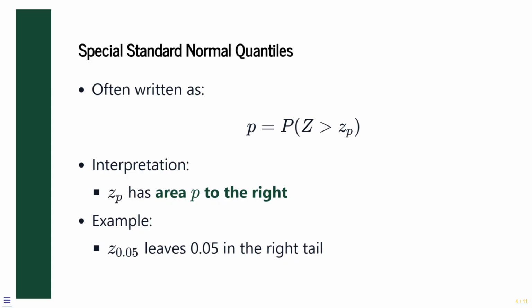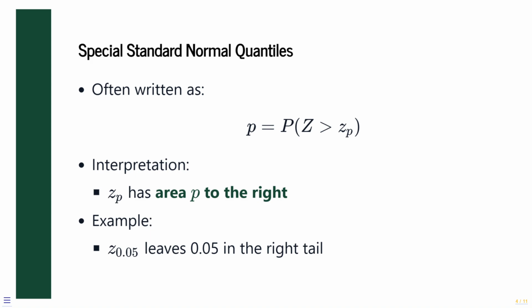In many statistical settings, we use special notation for standard normal quantiles. You will often see expressions like p equals the probability of Z greater than z subscript p. This means that z subscript p is the value on the standard normal scale that leaves probability p in the right tail.